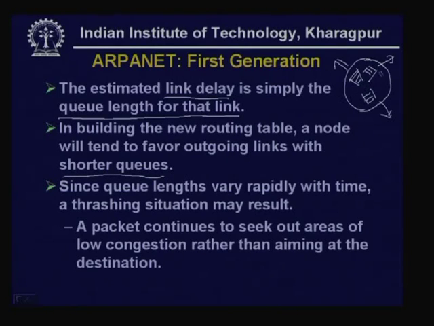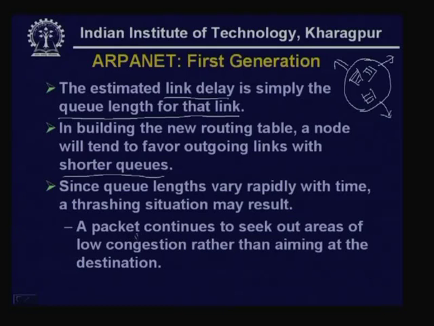So the link in which the queue length is short, obviously whenever the new routing table is made, a node will tend to favor the outgoing links with shorter queues. Since queue lengths vary rapidly with time, a thrashing situation may result, as I mentioned earlier.